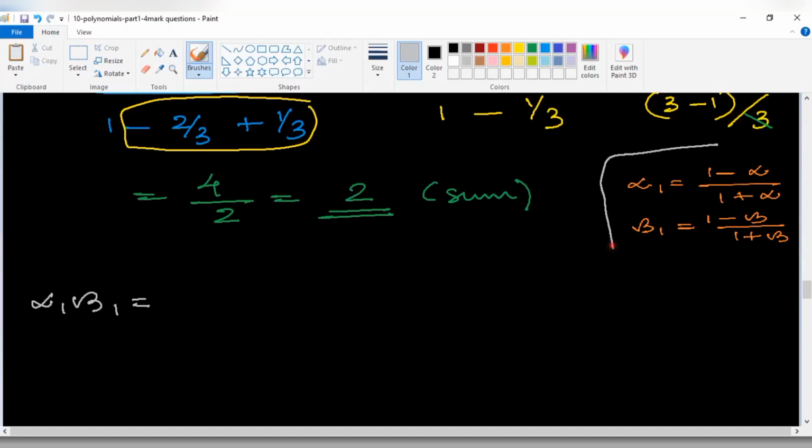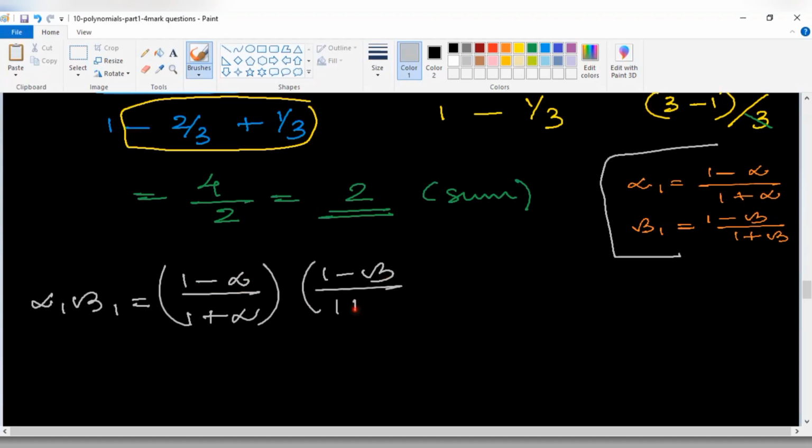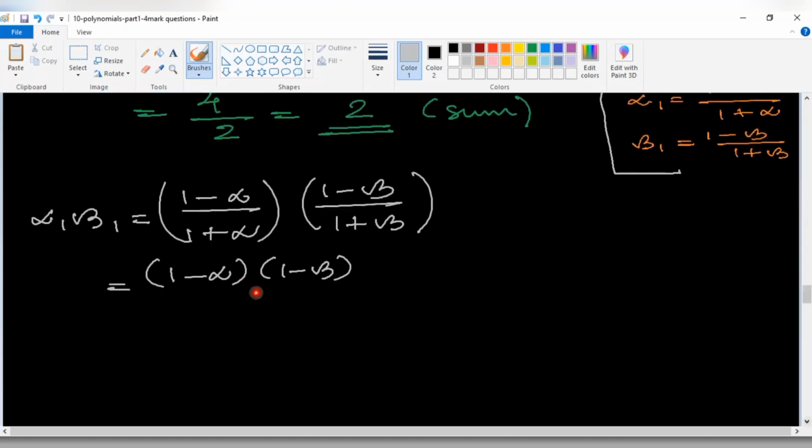Alpha 1 is 1 minus alpha by 1 plus alpha, into beta 1 is 1 minus beta by 1 plus beta. When we multiply, let us take it as 1 minus alpha into 1 minus beta, just taking the numerators together, and then denominators, 1 plus alpha into 1 plus beta. In the next step, let us open the bracket.